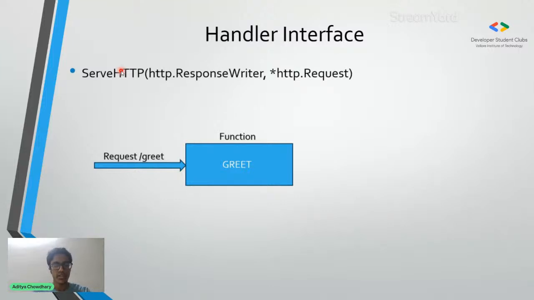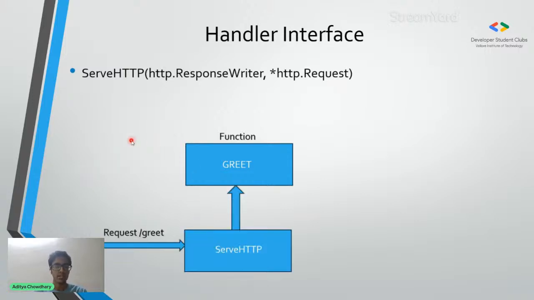So what we do is that we create a ServeHTTP function, and the ServeHTTP function just calls the function that we have implemented. So what it looks like is this is happening, but behind the scenes, it's just calling the ServeHTTP method here, and this ServeHTTP method is calling our inbuilt function that we created.